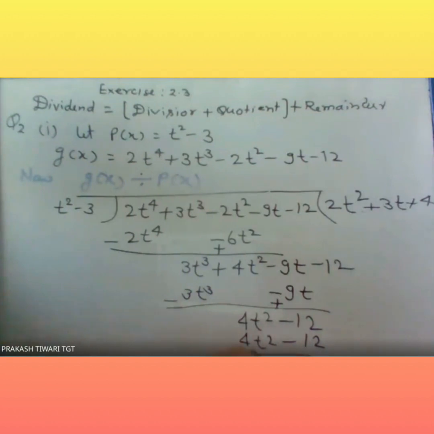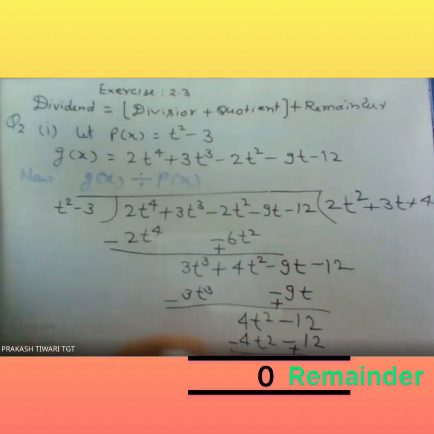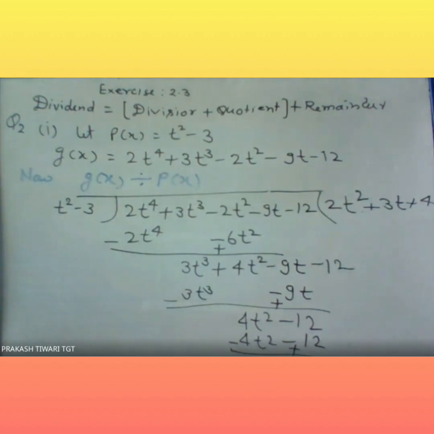Now change the sign, minus and this is plus, this is 4t square cancelled out, plus 12 and minus 12 is also cancelled out, remainder is what? Remainder is 0.